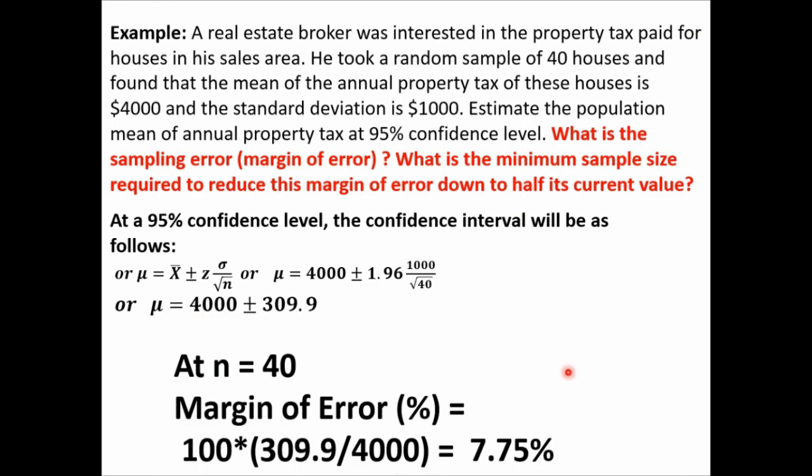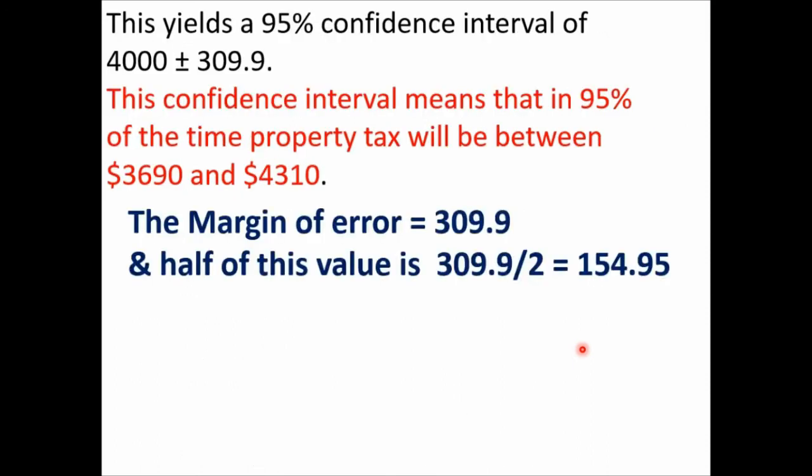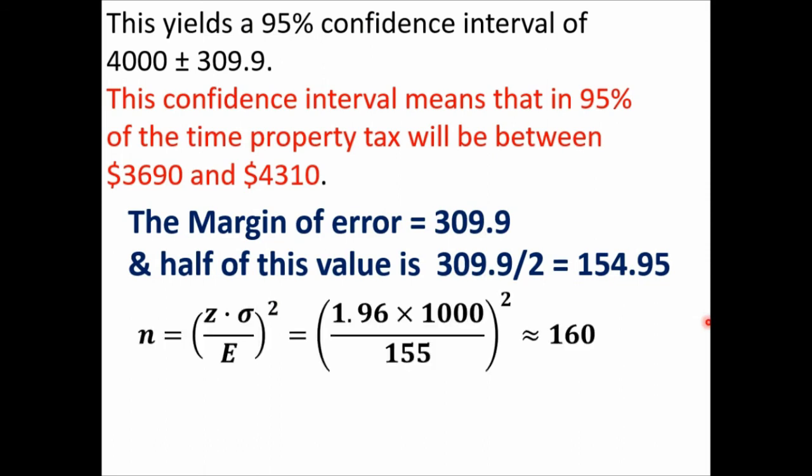Now, what if we want to reduce this margin of error to half of that? Meaning, instead of 7.75, we wanted half, or instead of 309.9, we wanted half of that. Well, in this case, we have established the tolerance, the E value in the sample size equation that we discussed earlier. At a margin of error half of this value, or 309.9 divided by 2, that's 154.95.